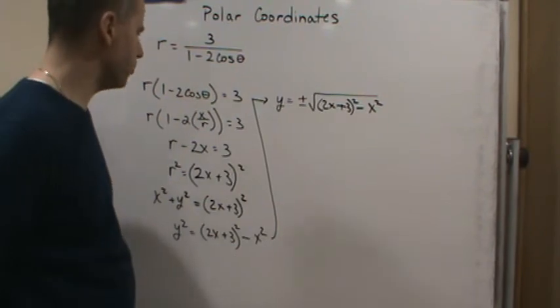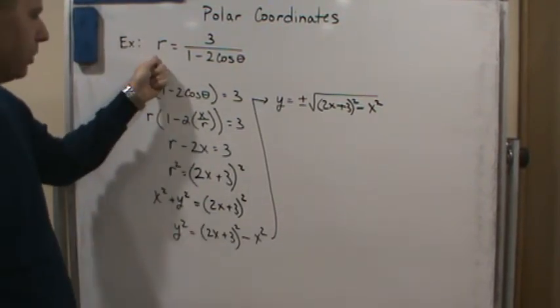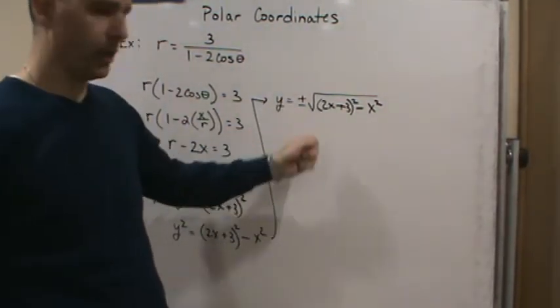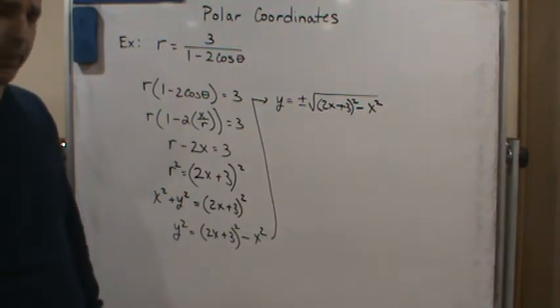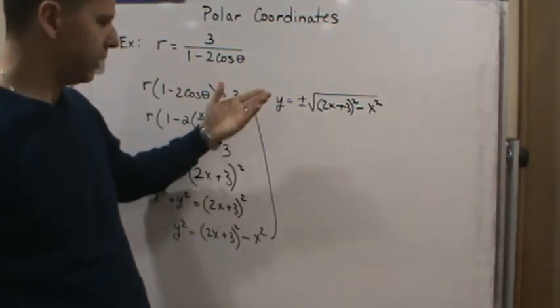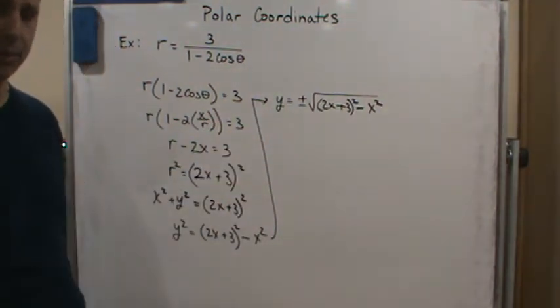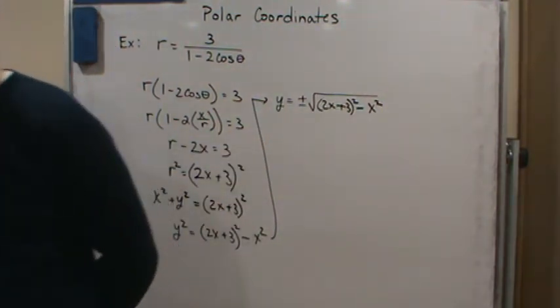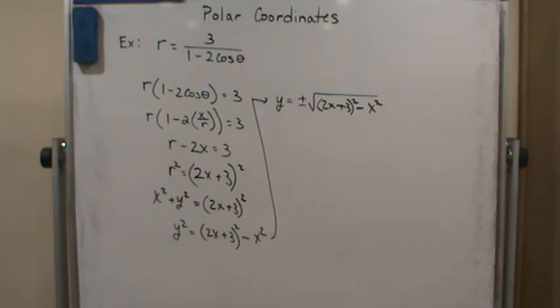So if you're asked to transform from polar to Cartesian, and once you get to this point where you've done that, then you can stop, unless it says to simplify. Then obviously you want to keep going if it says to solve for y or simplify.